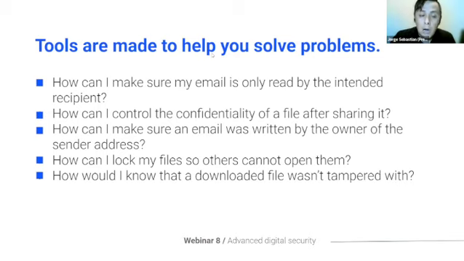First of all, how can I make sure that my email is only read by the intended recipient? Let's say we are writing a very confidential email that we want only one person to be able to open and read. We don't want anyone else to have access to that email.